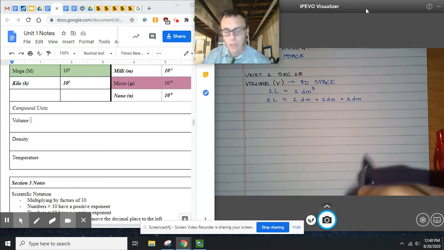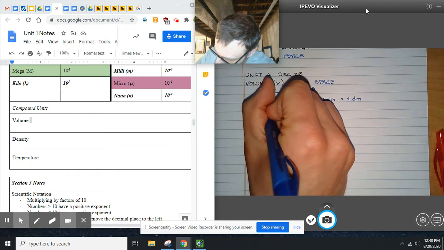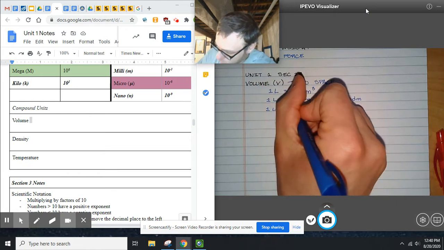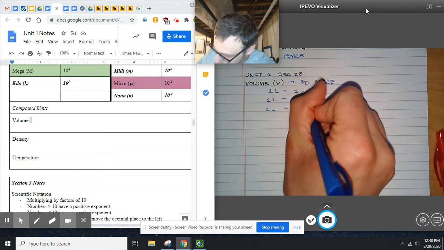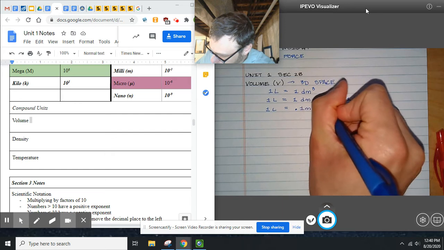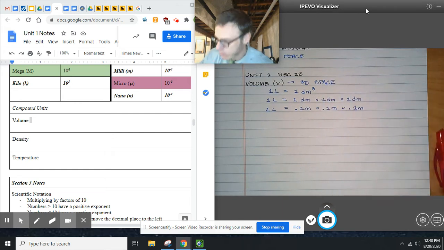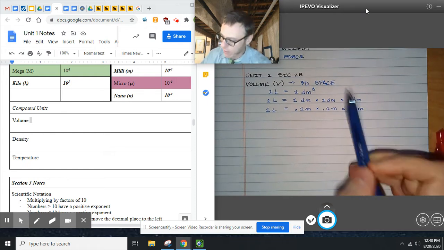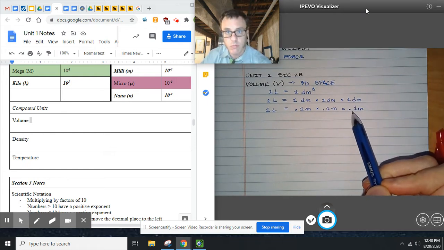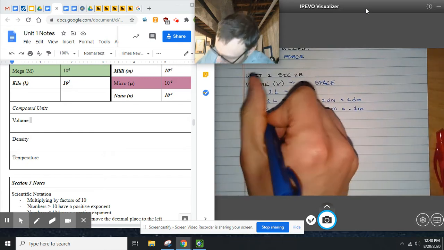Okay. We can keep going and we get 1 liter equals 0.1 meters times 0.1 meters times 0.1 meters. So we get that because a decimeter is 1/10 of a meter. So no big deal, right? Well, we're going to change it.